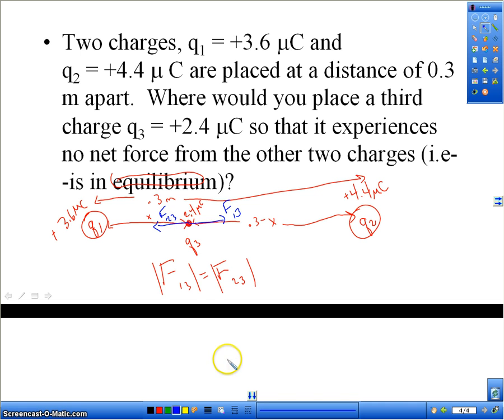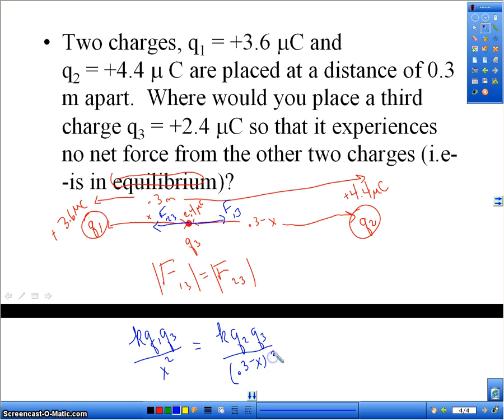Okay, so that means K Q1 Q3 over the distance between 1 and 3, which is x, so that's x squared, equals K Q2 Q3 over 0.3 minus x squared. So that's what I've set up here.